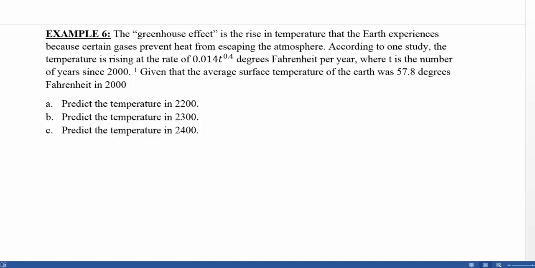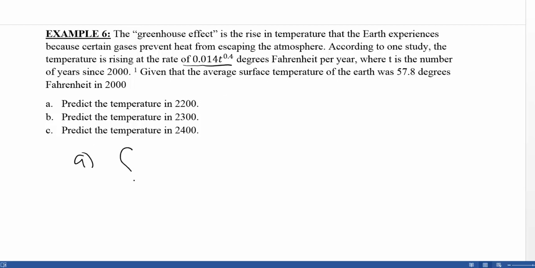Given that the average surface temperature of the Earth was 57.8 degrees Fahrenheit in 2000, let's use that to predict the average temperature in 2200, 2300, and 2400. So again, what we're given is the rate at which the temperature is changing. If we were to integrate that rate, that would tell us the total change in temperature between 2 points.